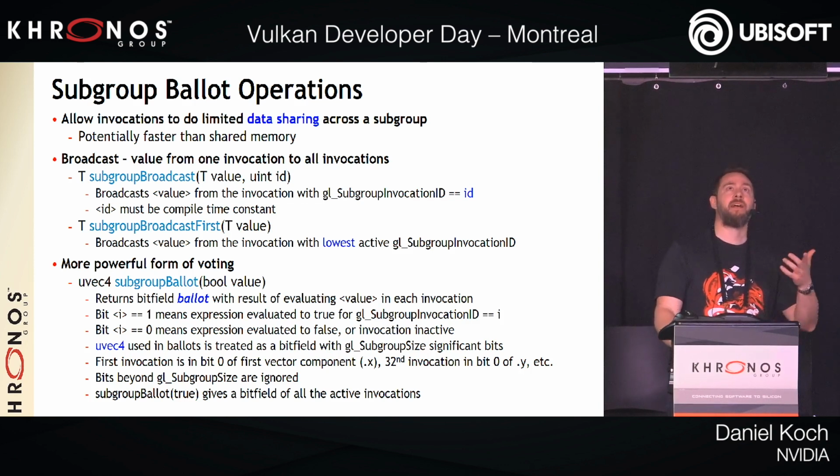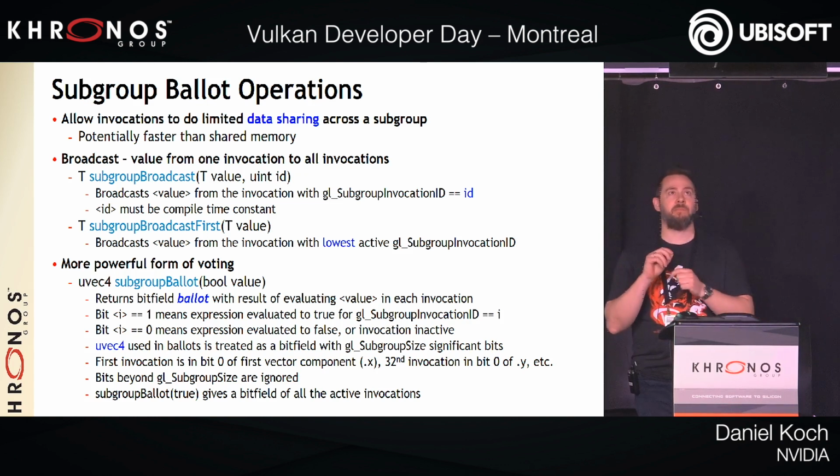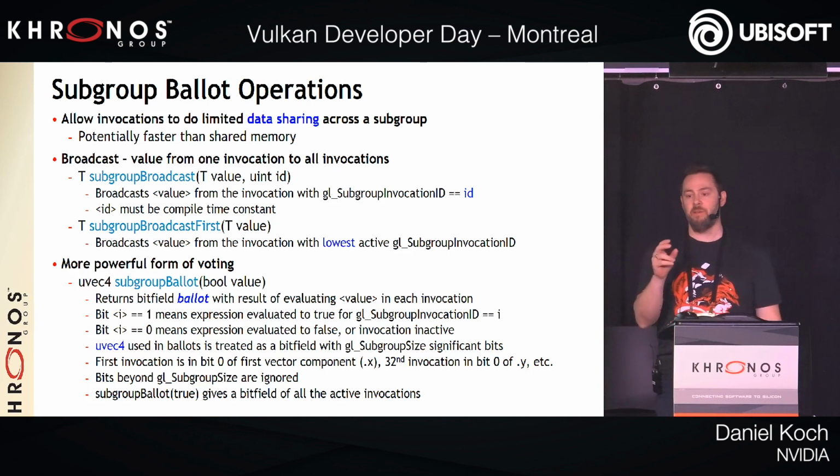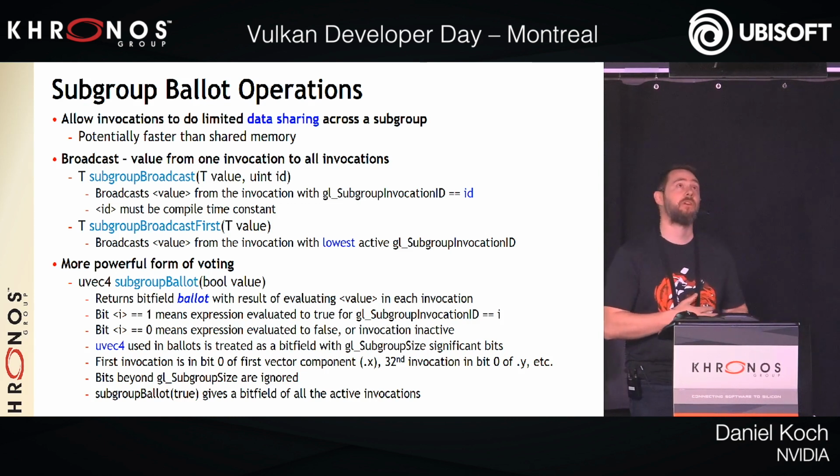There's also subgroup broadcast first, which picks the lowest active lane and broadcasts that value to all the other ones. It has the same semantics as subgroup elect, so instead of doing subgroup elect and then broadcast, it combines the two operations for you.